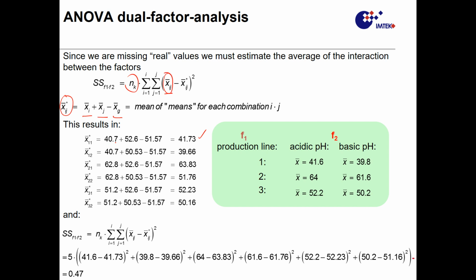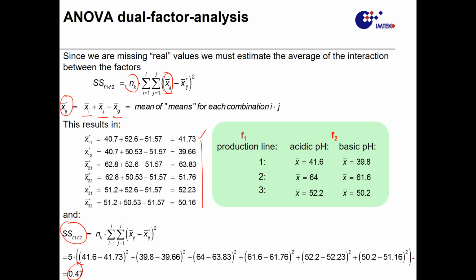So you take the mean of factor 1 plus the mean of factor 2 minus the grand mean. It gives you the first mean asterisk, as we call it, or mean of the interaction. If you do the same for all of them, sum these guys together, and square them, it gives you that the sum of square of the interaction is 0.47.